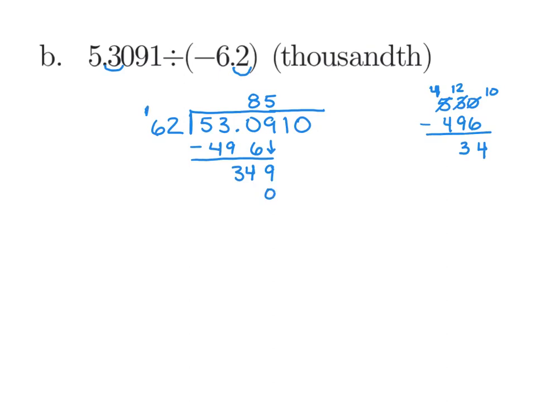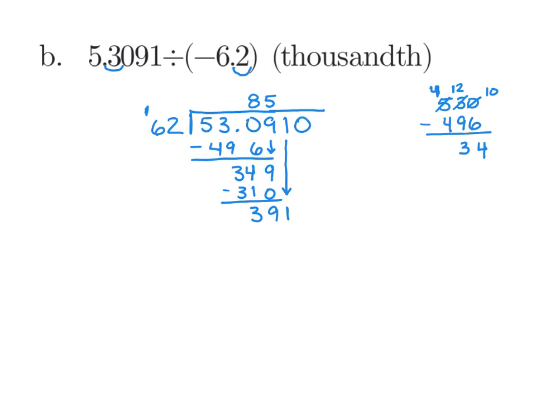We carry the 1. 5 times 6 is 30. Plus 1 is 31. Okay, this subtraction is going to be okay here. 9 minus 0 is 9. 4 minus 1 is 3. Is that smaller than 62? Yes. So we bring down our next digit.